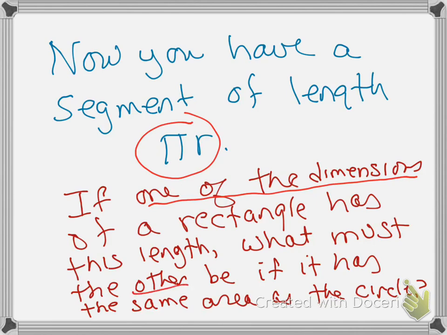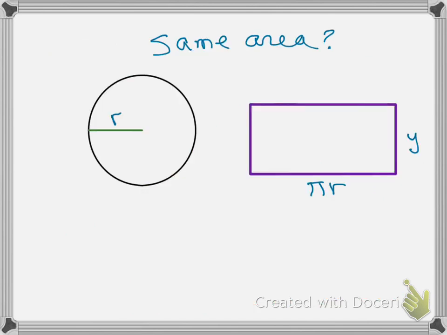Remember, the total area of this rectangle that you're constructing is pi r squared. That means that the other dimension of the rectangle must be r. So in other words, if this area is pi r squared, but one side is pi r, what is this other side, y? Well, y has to be r. And then the total area of the rectangle is pi r squared.